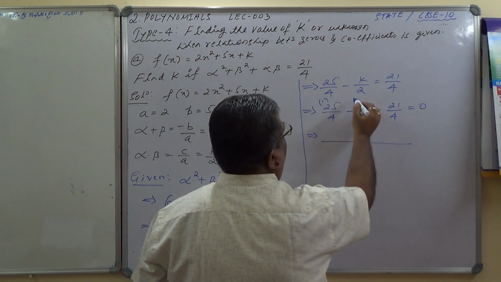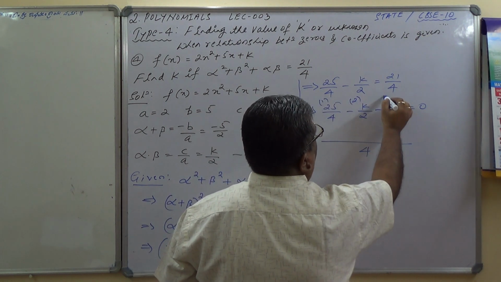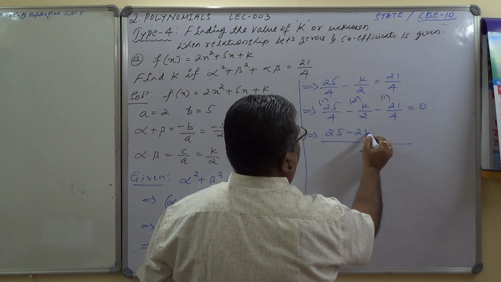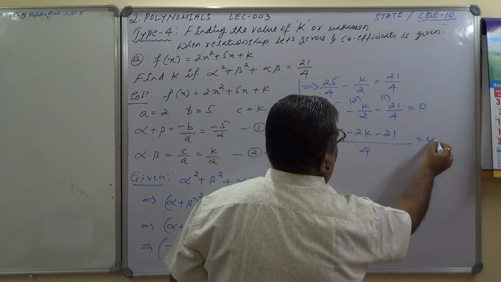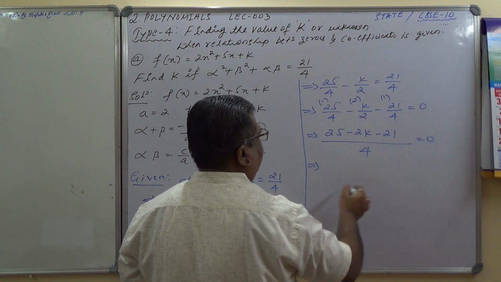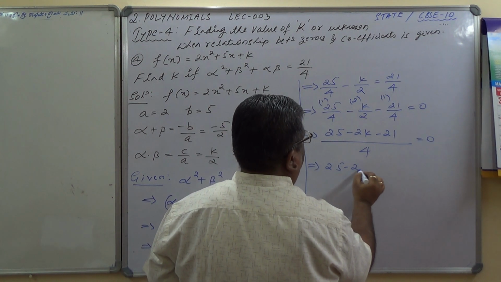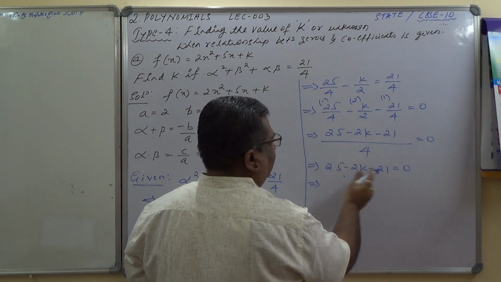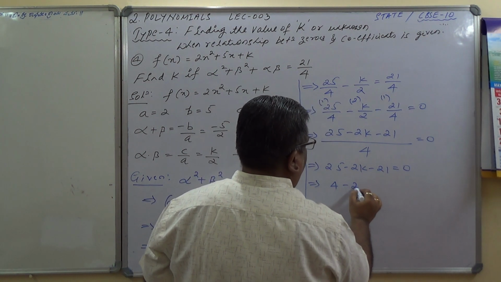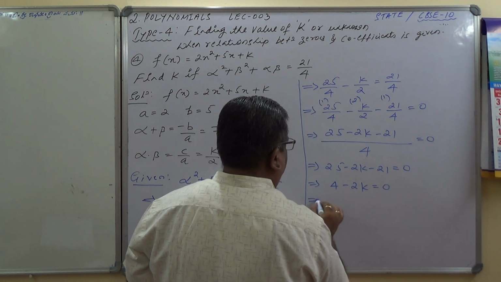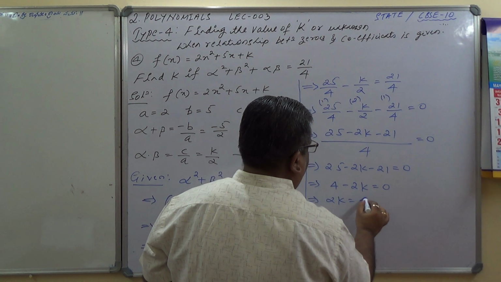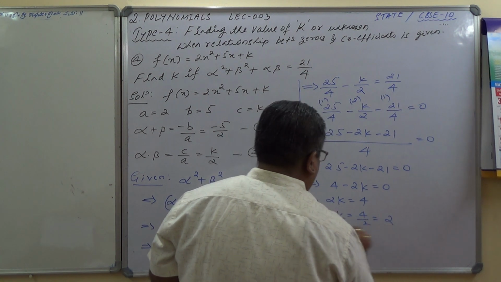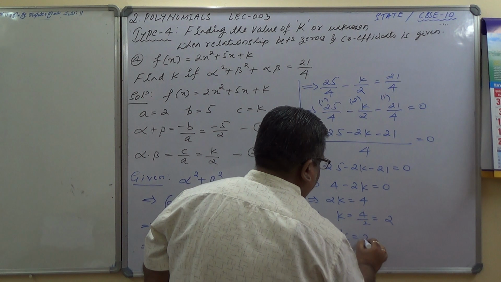So 25 minus 2k minus 21 equals 0. 25 minus 21 is 4, so 4 minus 2k equals 0, implies 2k equals 4, implies k equals 4 by 2, which equals 2. Implies k equals 2.